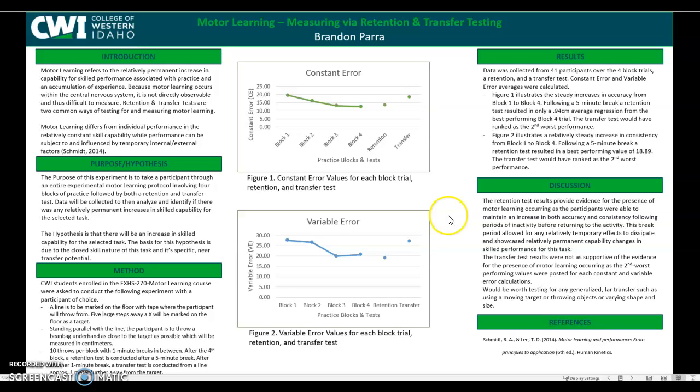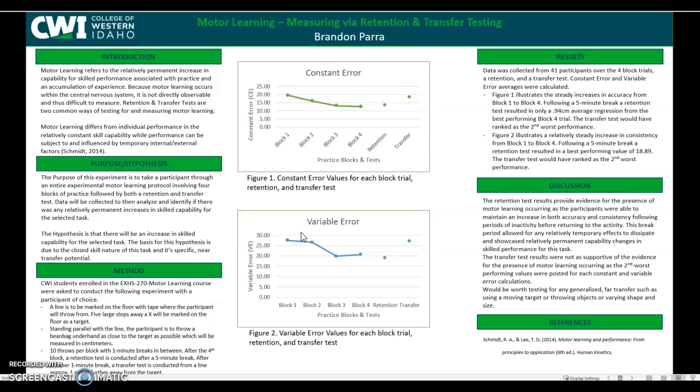With that being said, the hypothesis is that we will see an increase in skilled capability for that task, and that capability will be retained. The basis for this hypothesis is due to the nature of the task that was selected.